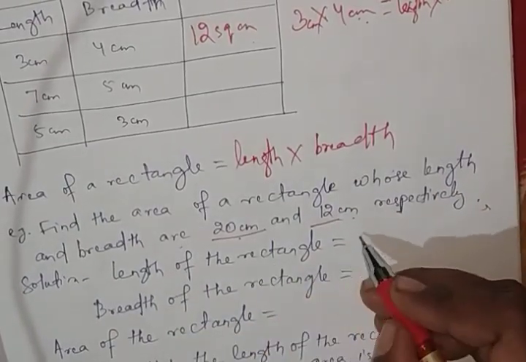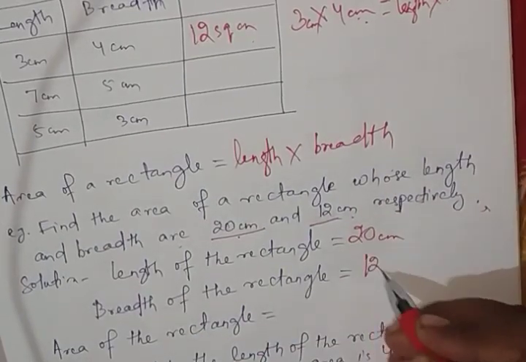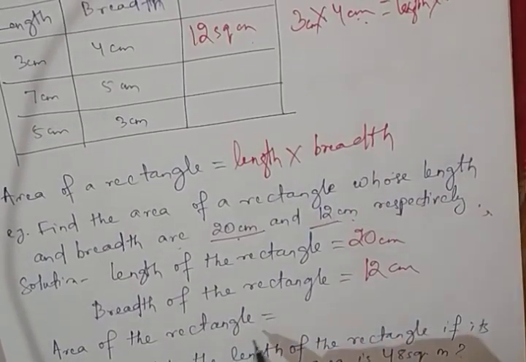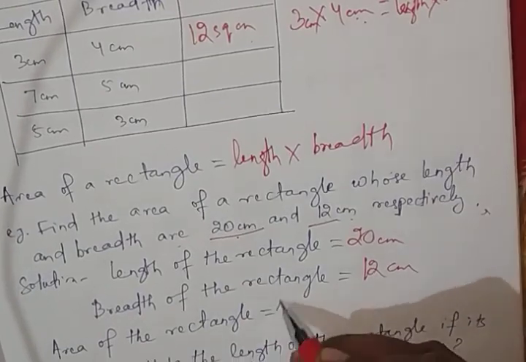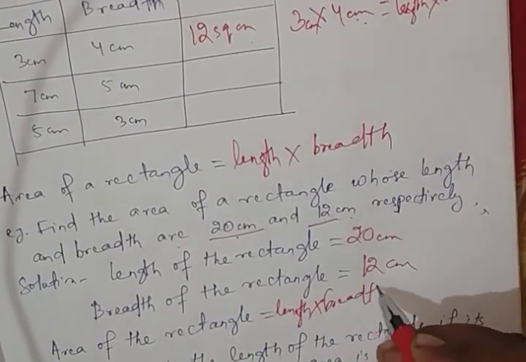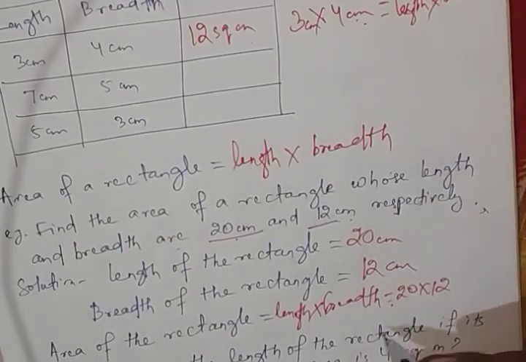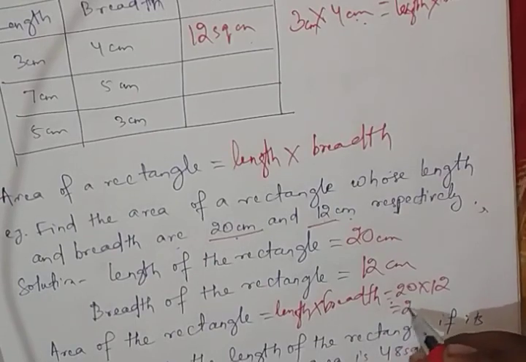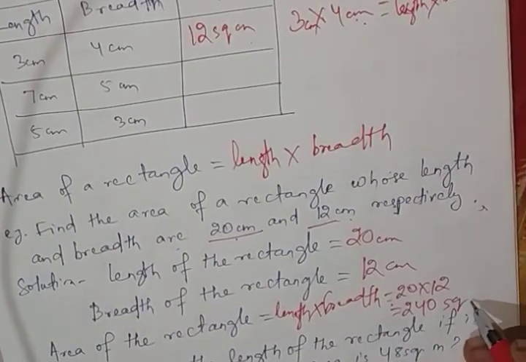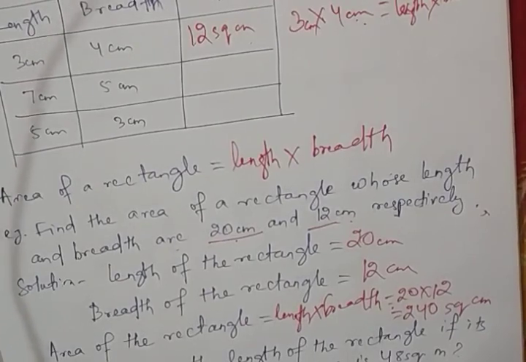So the area is length into breadth, 20 into 12, which is 240 square centimeter. This is the area of this rectangle.